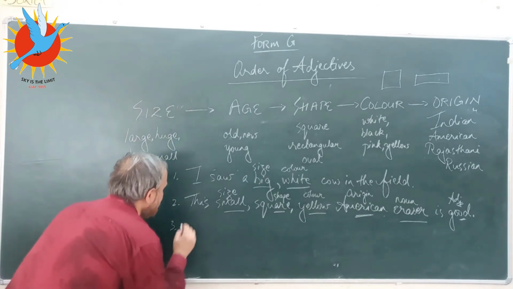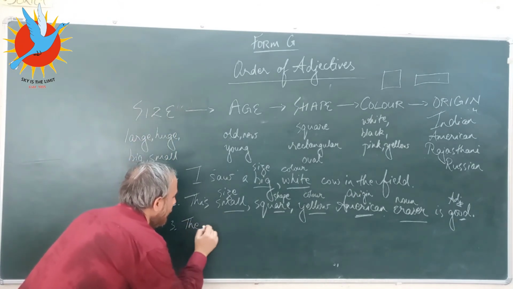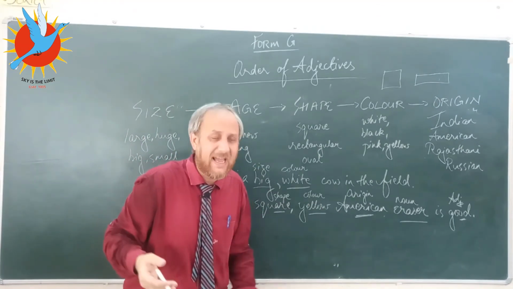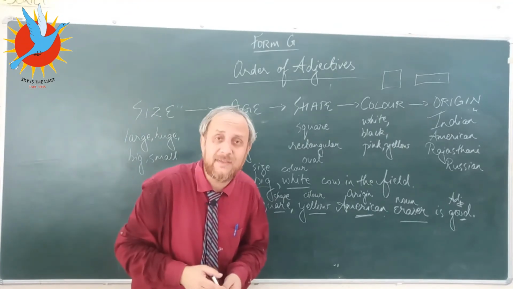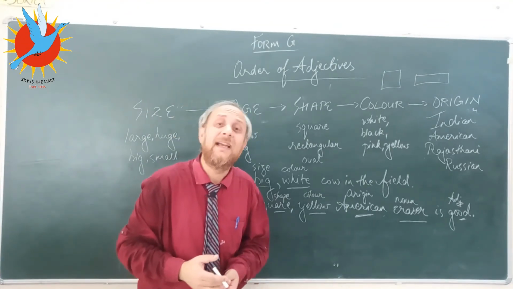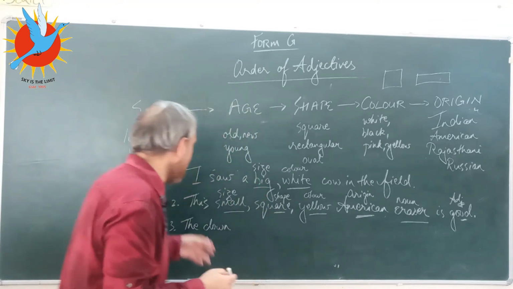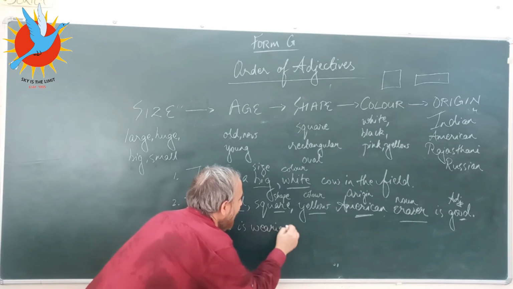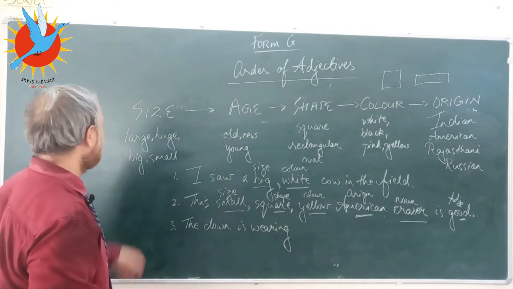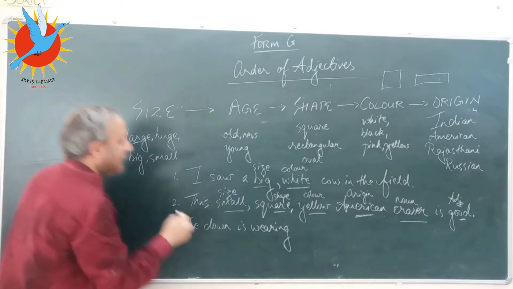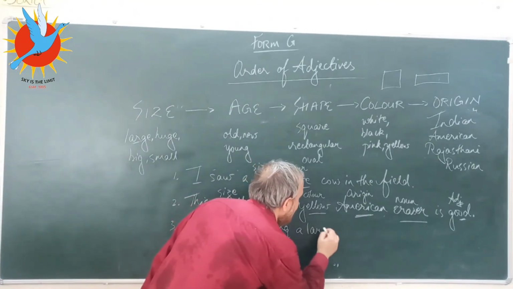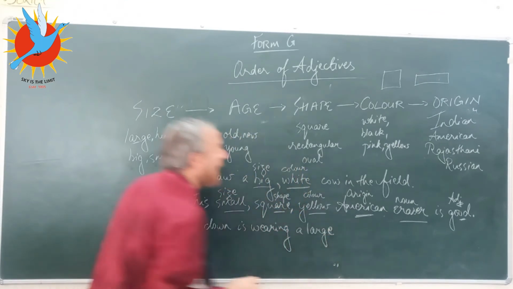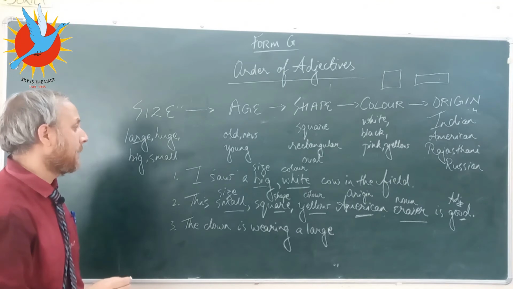Okay, fine. Now let's look at another sentence, the third sentence. So let's say the clown. The clown is a joker. Okay, if you've been to a circus, you can see clowns perform in circuses as well. Okay, so the clown is wearing, let's say, we'll take the adjective of size, a large, let's say.